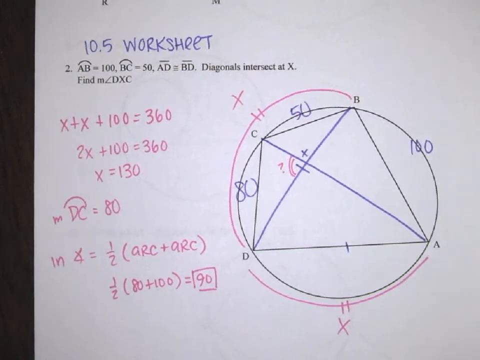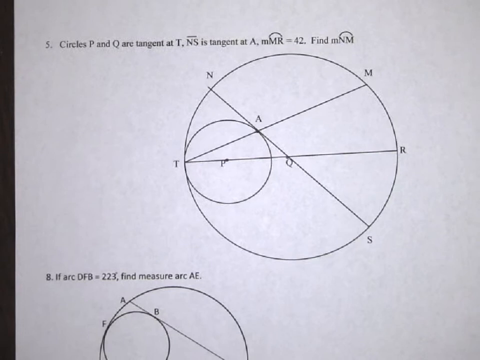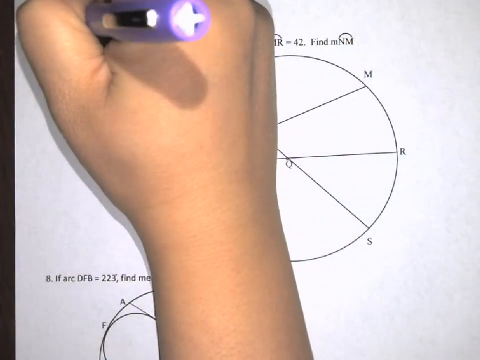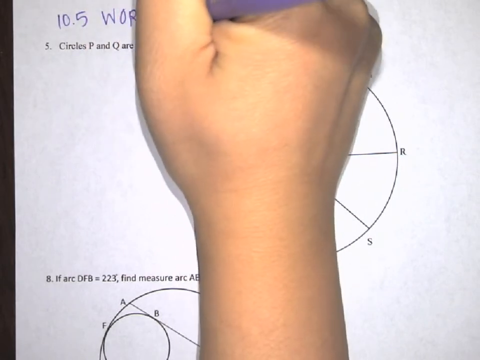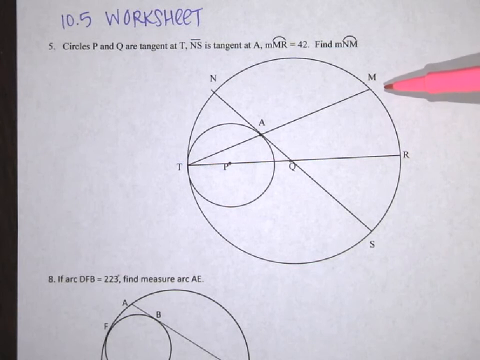The next question is number 5, in the same worksheet, the 10.5 worksheet. So we have circle P and circle Q. Tangent NS is tangent at A. MR is 42.